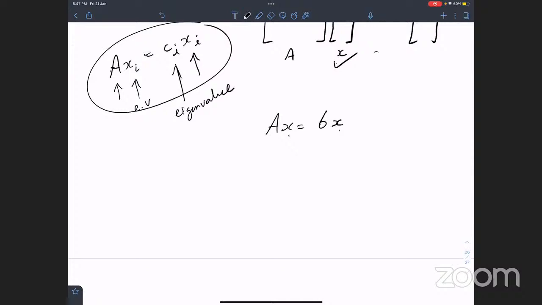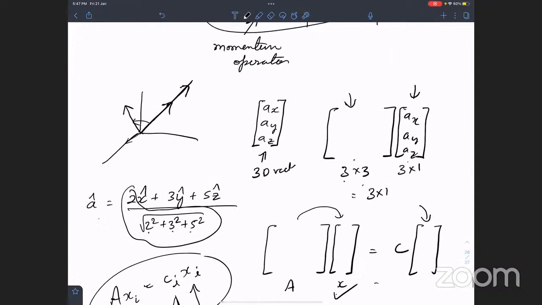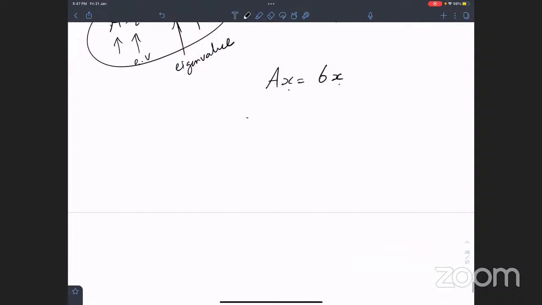Similarly, I just saw that minus i h bar d by dx multiplied by my wave function was giving me rho times the wave function. You notice the similarity.